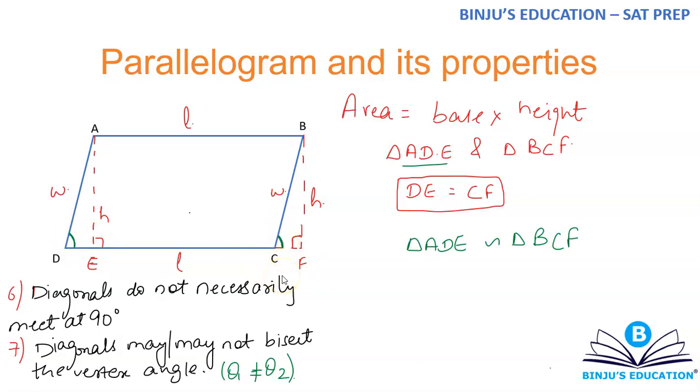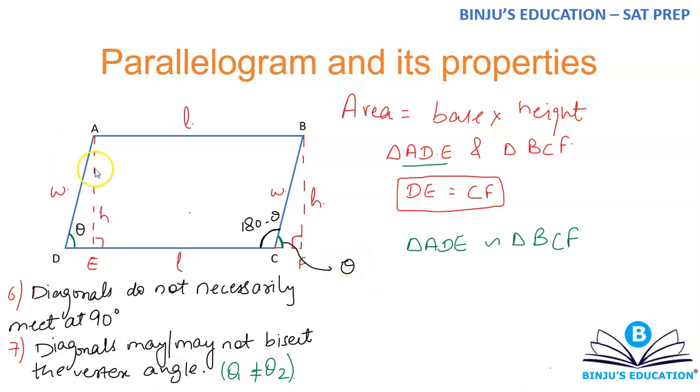You can prove this otherwise also, because I told you that the adjacent angles of a parallelogram add up to 180, right? So if you take this to be, let's suppose, some angle theta, this angle will automatically be 180 minus theta, which means this green angle will automatically become theta.